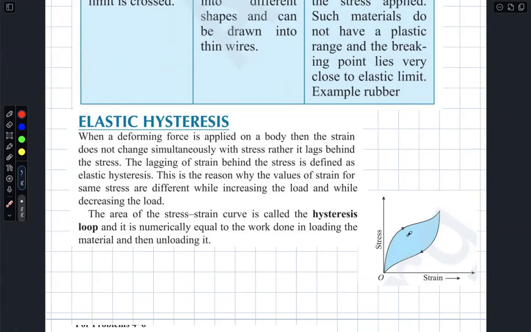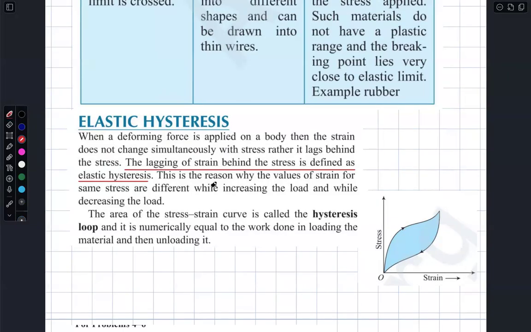You can see that when a deforming force is applied on a body, strain does not change simultaneously with stress. Rather, it lags behind stress. So this lagging of strain behind the stress is defined as elastic hysteresis. Hysteresis refers to lag.